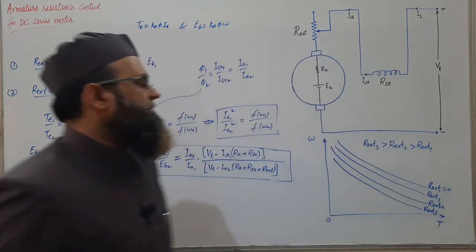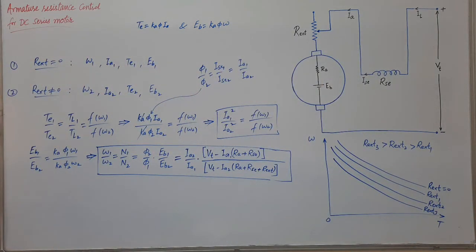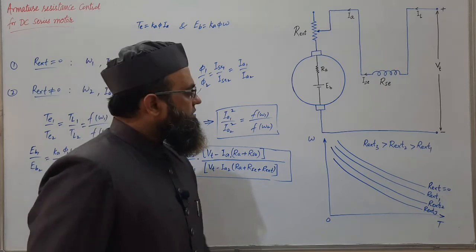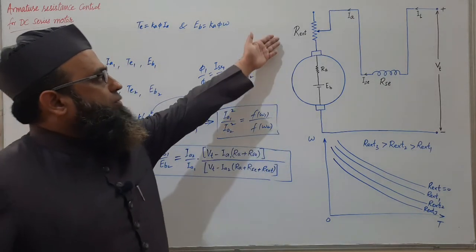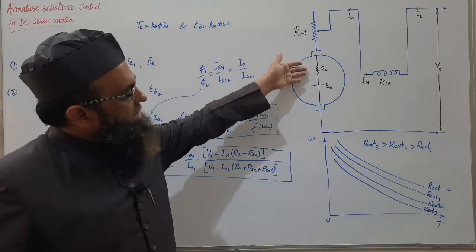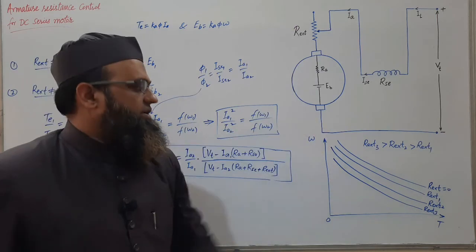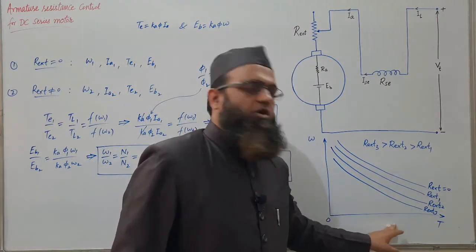So by increasing the resistance value in series with the armature circuit, the speed is decreasing for any value of torque.